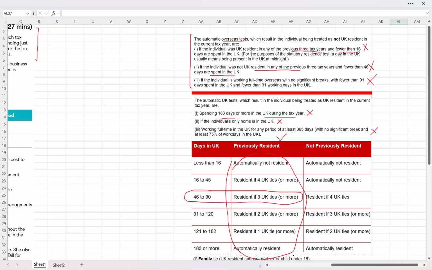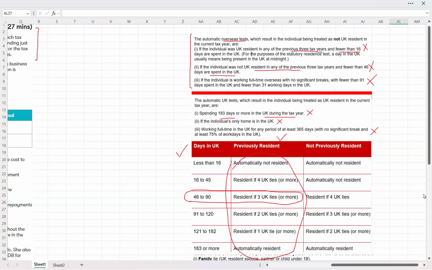You will be provided with this table in the exam. Between 46 to 90 days and previously resident in the UK. So how many ties will Dill require? Dill will require 3 UK ties to be considered a UK resident.